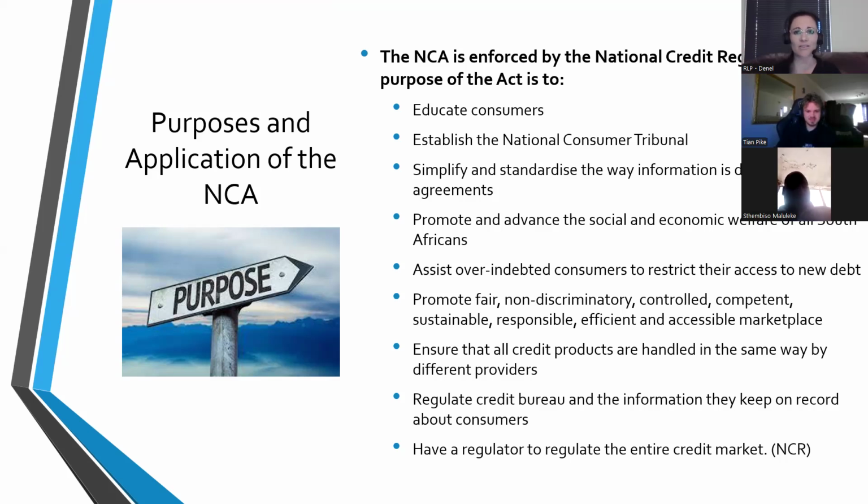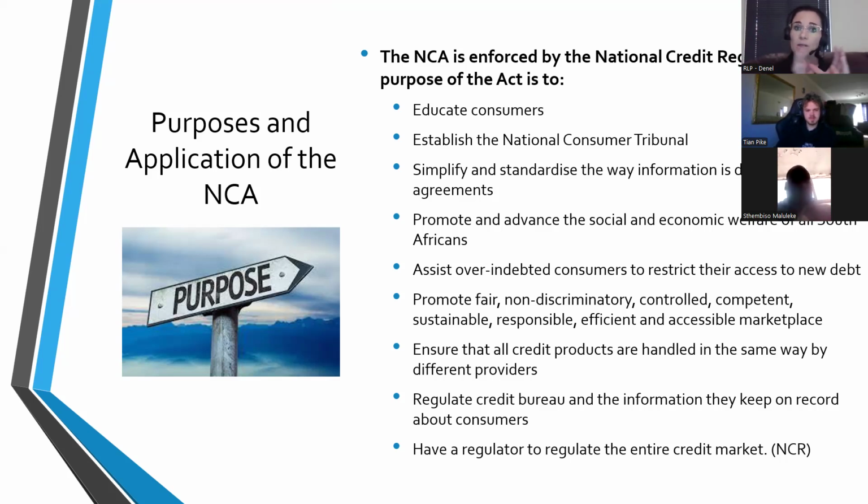That's perfect. You see, so basically we can consider a credit bureau as an institution that keeps record of all outstanding credit. So I almost imagine this big computer, right? And I go and I type in Danel's ID number, and on the screen it picks up, okay, so Danel has a home loan, Danel has a vehicle finance, Danel has a credit card, for instance. So the credit bureau keeps record of every single outstanding credit agreement.